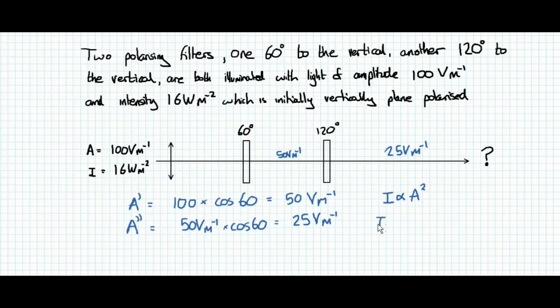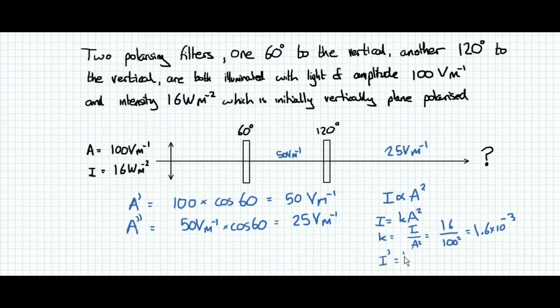So we can work that out very formally by using I equals K A squared, and you can find that K equals I divided by A squared, which initially is 16 divided by 100 squared, 1.6 times 10 to the negative 3. If we multiply the square of our new amplitude by K, that will give us our new intensity.